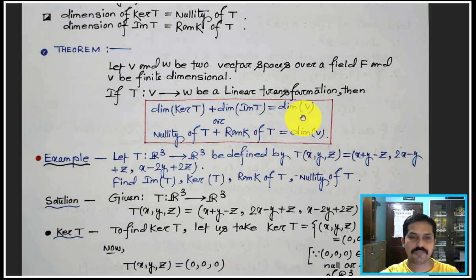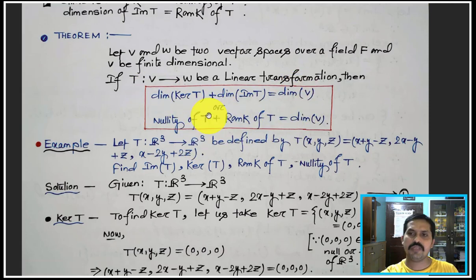I will not prove this theorem in this video, otherwise the video will be quite lengthy. We just remember the result of the theorem. Now in my previous videos, I did some problems related to ker-T of a linear mapping and image or imT of a linear mapping.